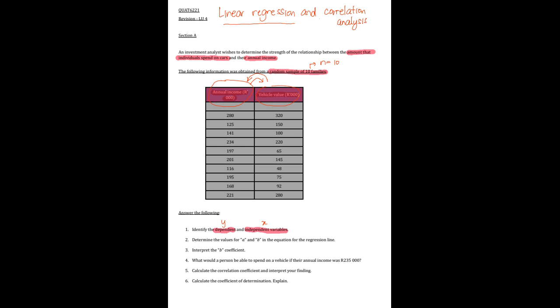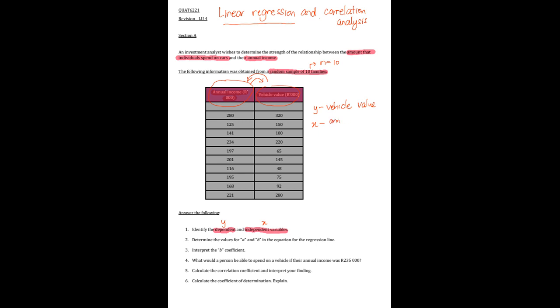And then it automatically becomes obvious to you when you ask yourself the question in that way, where here the value of the vehicle that's being purchased depends on a person's annual income. So here, your value of your vehicle is the Y variable. This is the dependent variable. So vehicle value would be Y, and the annual income will be your X variable.